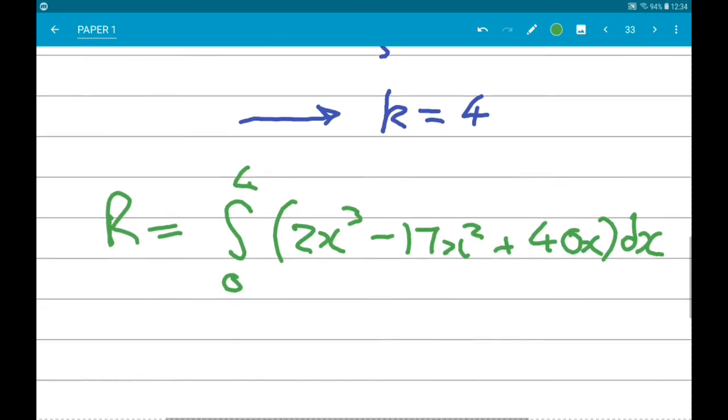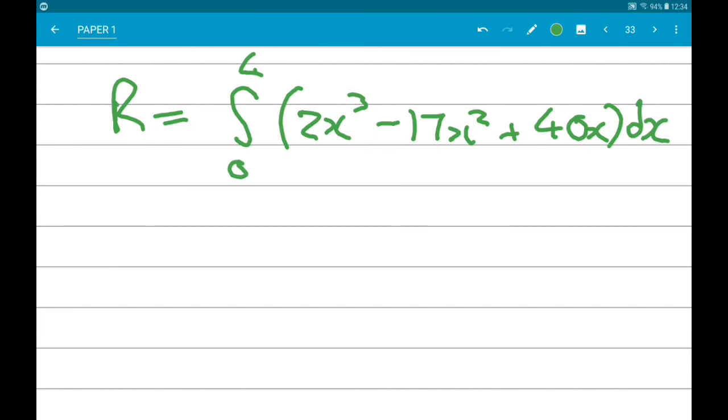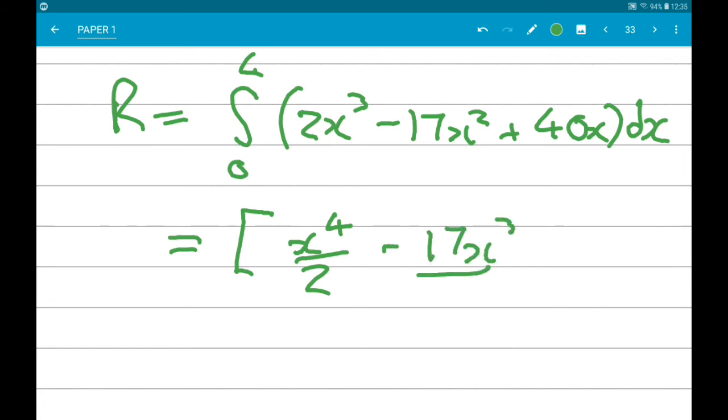So, when we integrate, we're going to get 2x to the power 4 divided by 4, so that's x to the 4 over 2, minus 17x cubed over 3, add 20x squared.